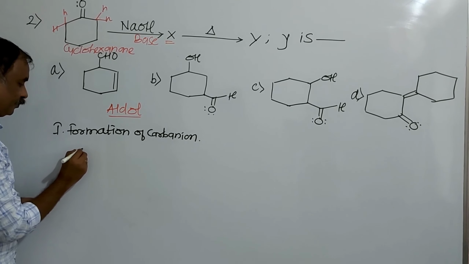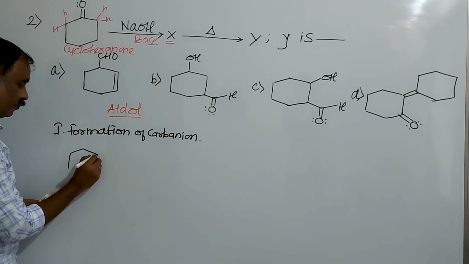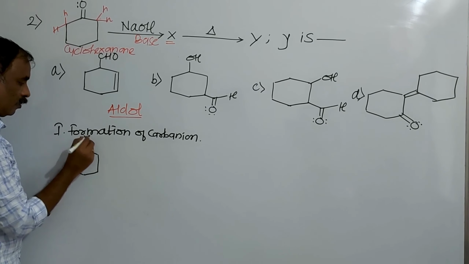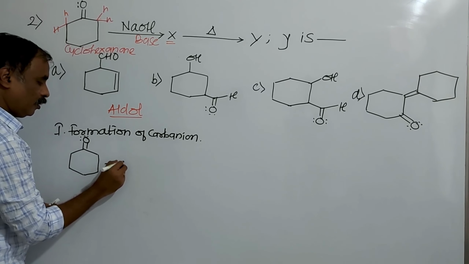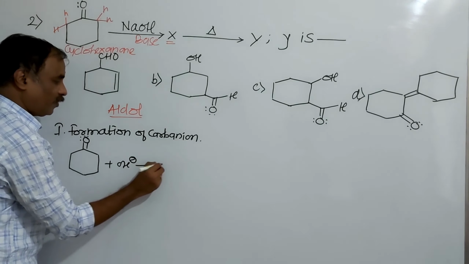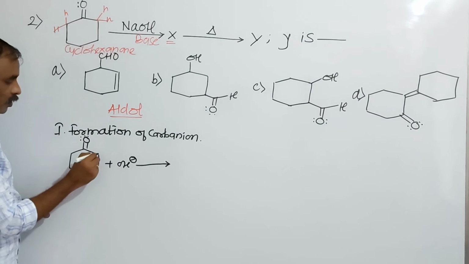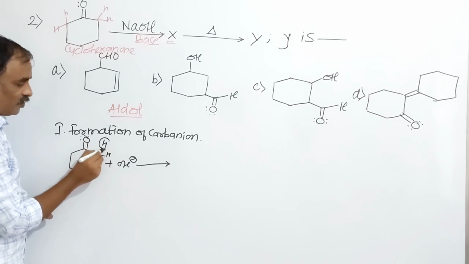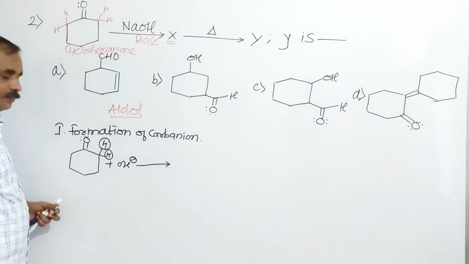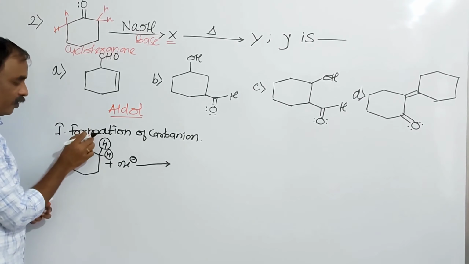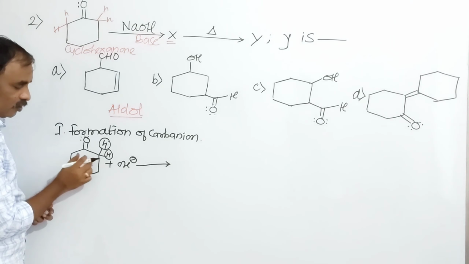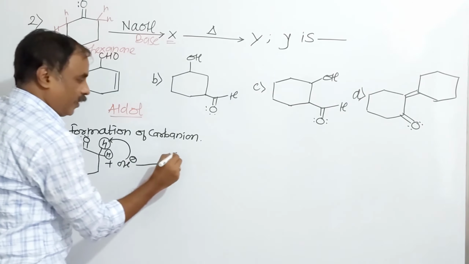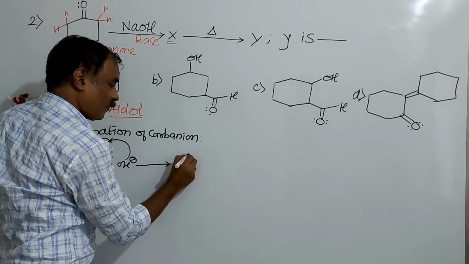So the reaction of this with the base sodium hydroxide: I will take this alpha hydrogen. Remember, alpha hydrogens are acidic because an electronegative, electron-accepting carbonyl group is attached. So this base will abstract one alpha hydrogen, forming a carbanion.